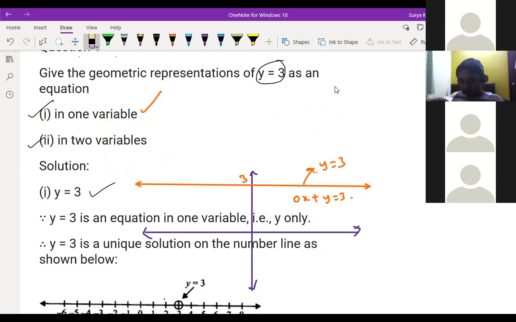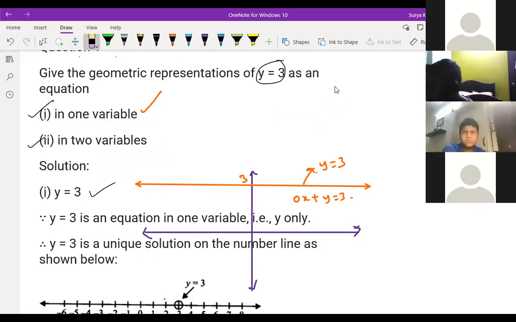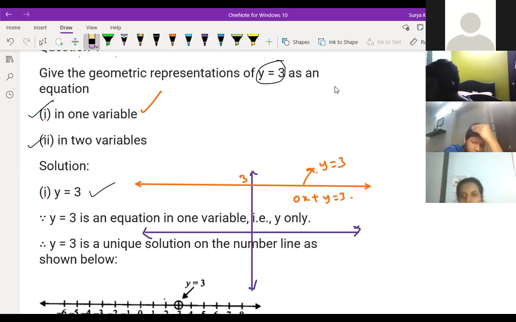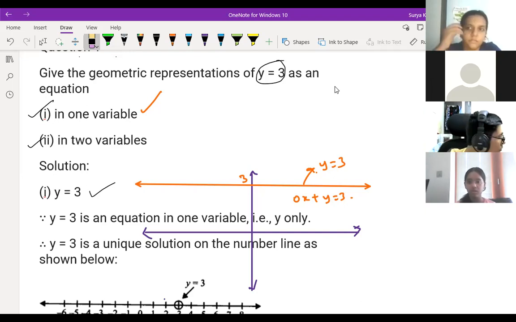Children, if you're not on the camera, I won't allow you. I can see only Sahil. If you don't want to switch on the camera, keep it off. Always children should keep the camera on, it is a policy. Without camera, you should not proceed further. If you really have a problem with the camera, keep it off.